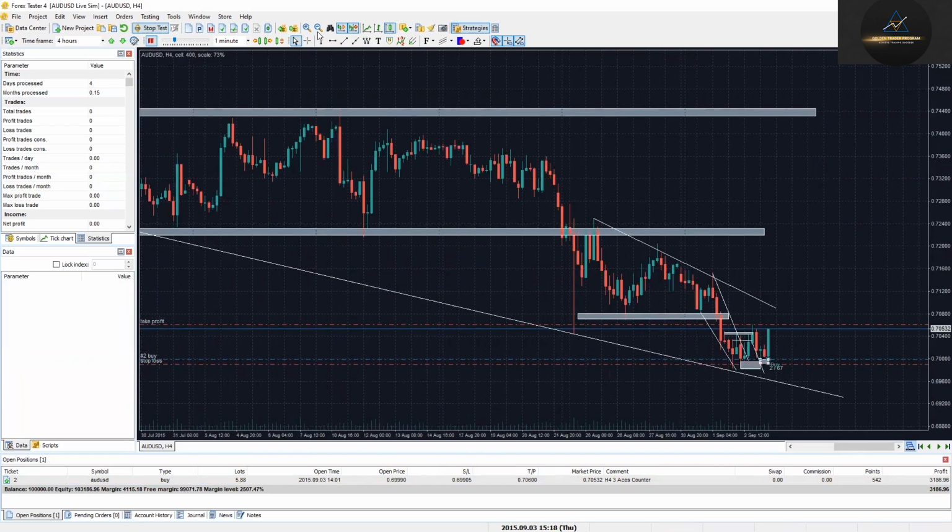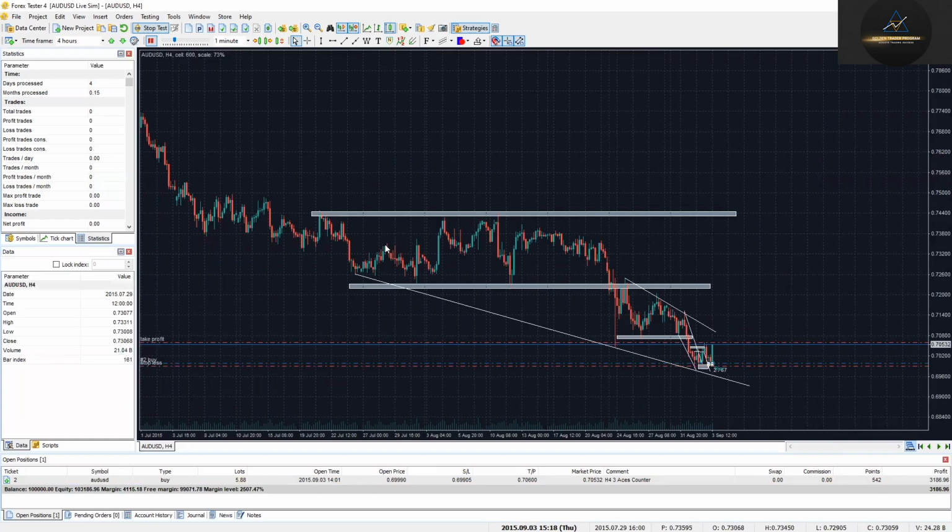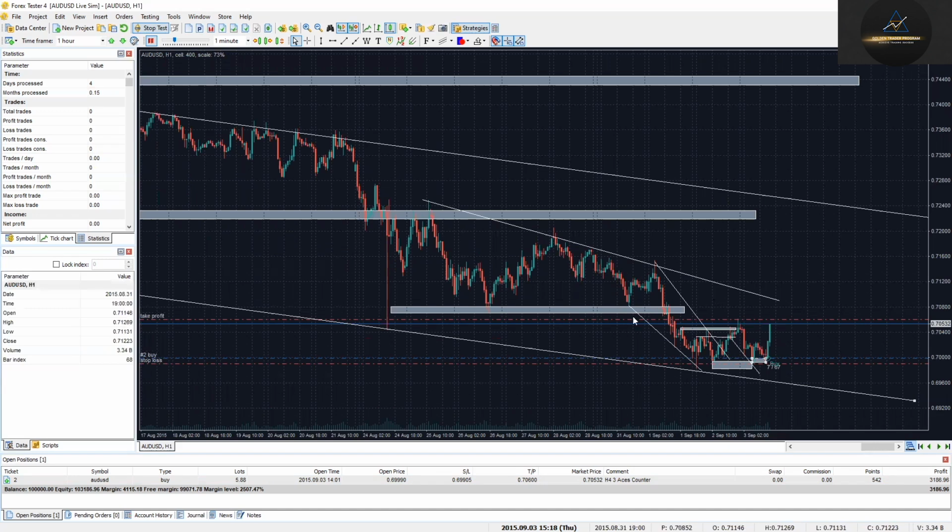So we had a breakout of this range lower. We're trending lower. And I spotted a potential pattern here, a potential descending structure, where we can see a 1, 2, 3 tap, but it wasn't the greatest of third taps. But what really convinced me with this particular setup was this here.